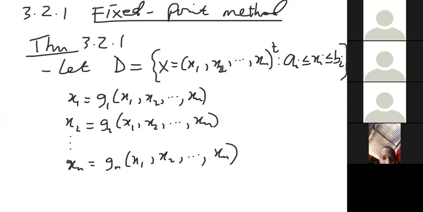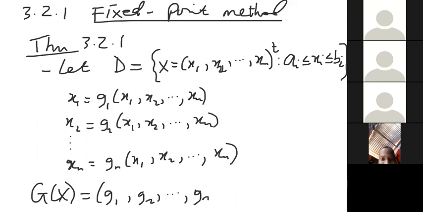And then after doing this, we'll be able to write our function capital G of x, which will be in terms of these functions, g1, g2, and so on up to gn transpose. Of course, I'm just writing g1, g2, up to gn, and not writing the variables on which these gi are defined. So you will know that each gi is expressed in terms of x1, x2, up to xn.